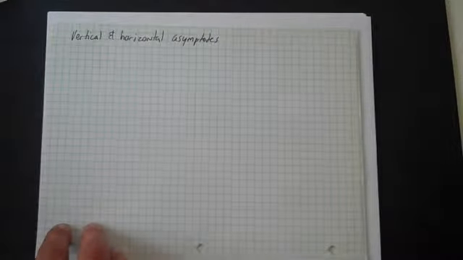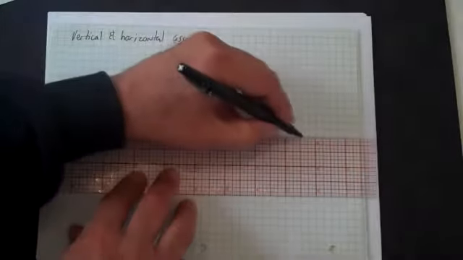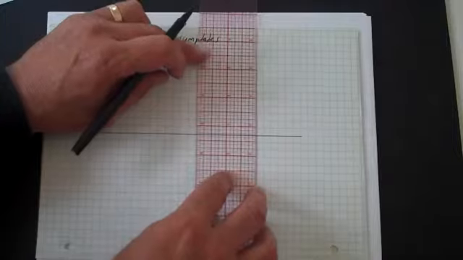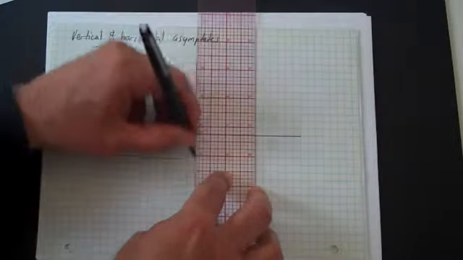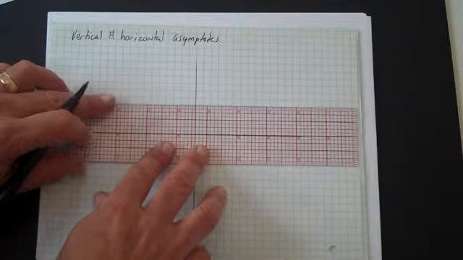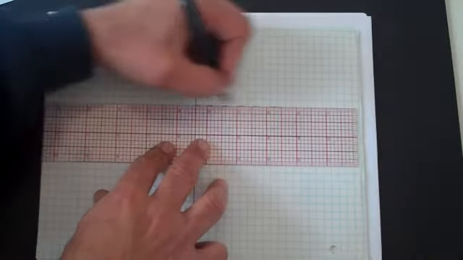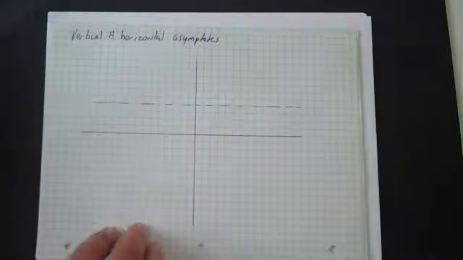As an example, let's say that we're given the graph and we want to find the domain and range. So you're given a function. If it's a vertical or horizontal asymptote, often it's represented by a line.